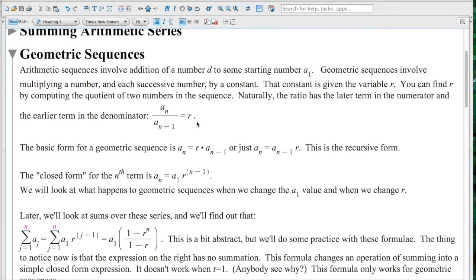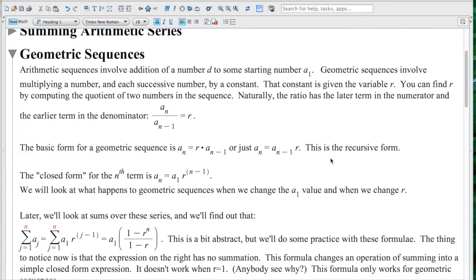So we give this ratio, which is constant for any 2 successive terms in the sequence, the letter r, and the basic form of the geometric sequence we see right here. It's the later term is equal to the term just before it, that's right here, this is the term just before this one, times r. We can also write this like this because a times b equals b times a for numbers.